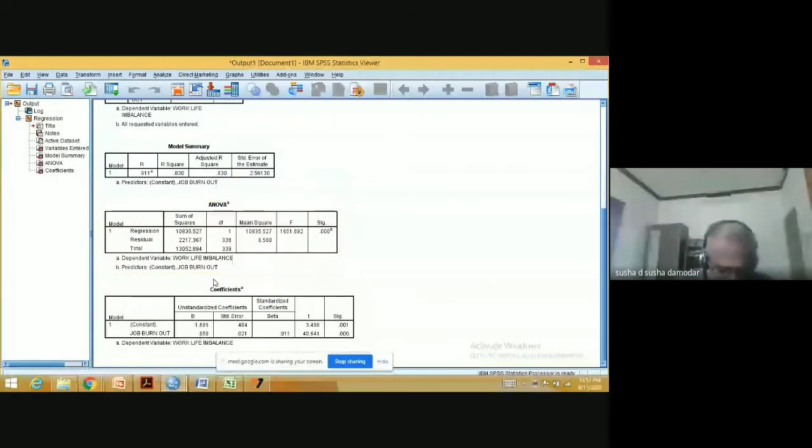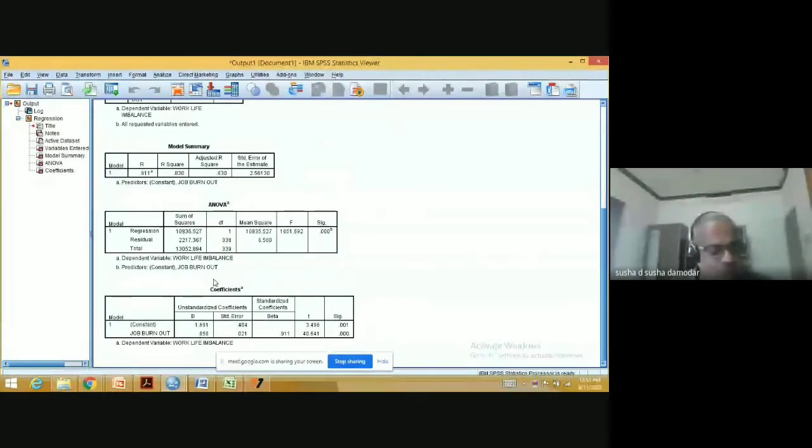So, at the time of the application of statistics, definitely the researcher has to know something about the scaling. Nominal scale, interval scale, ordinal ranking scale. When we use nominal scale or an ordinal ranking scale, there is an assumption.